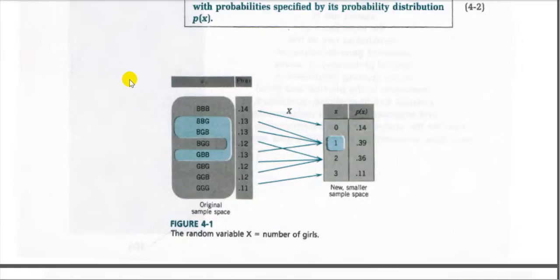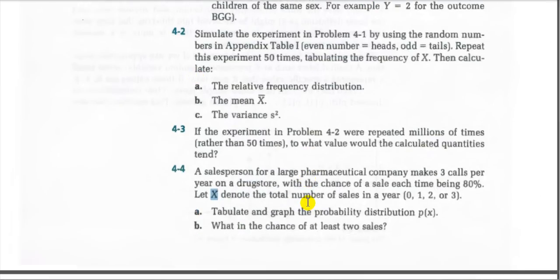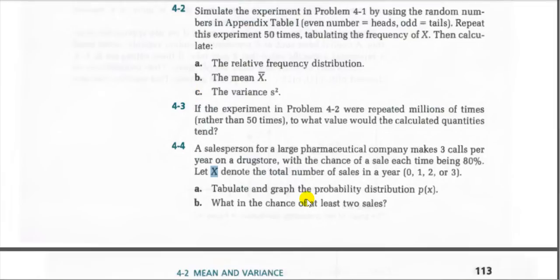You'd have basically the same set of outcomes, but different probabilities because the probability of S is 0.8, and the probability of N is 0.2, not 50-50. Then you could calculate the probabilities for these different values of x, where x is the number of sales. So do this, and then what is the chance of at least 2 sales? That means the probability that x is greater than or equal to 2.